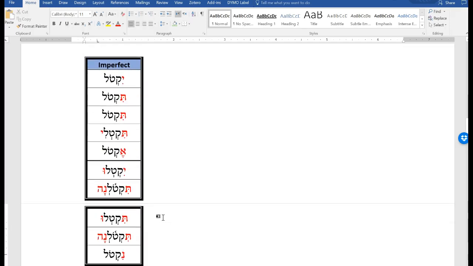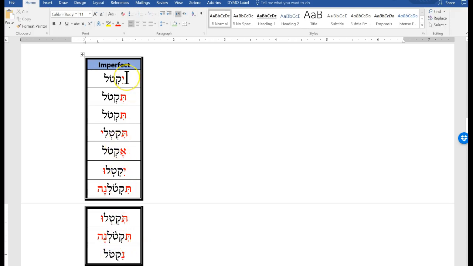When we do the imperfect, yiktol, tiktol, tiktol, tiktali, ektol, yiktilu, tiktolna, there's an accent mark, tiktilu, tiktolna, niktol.